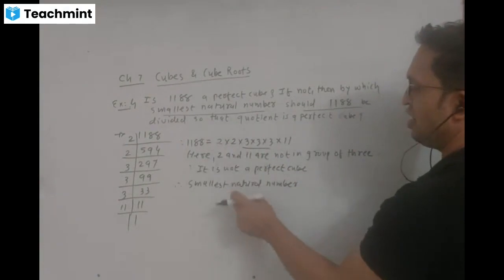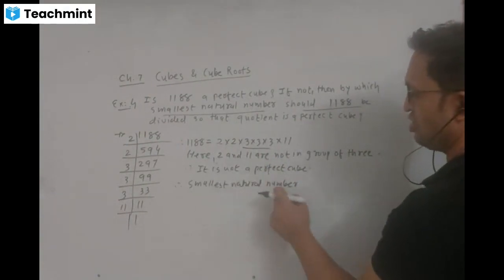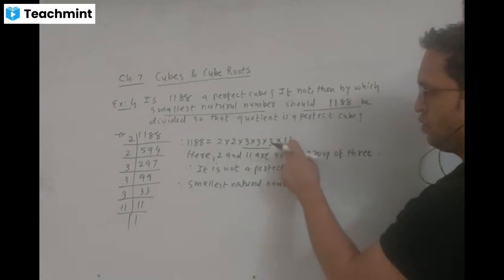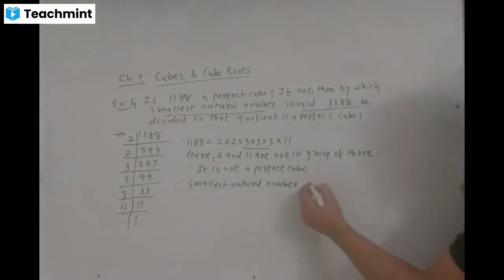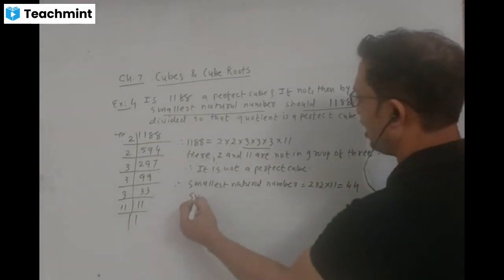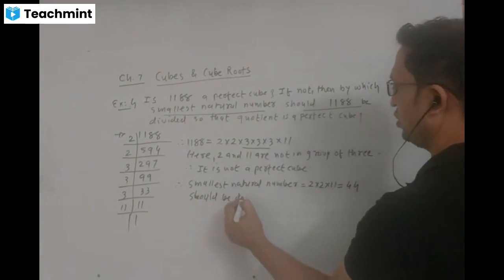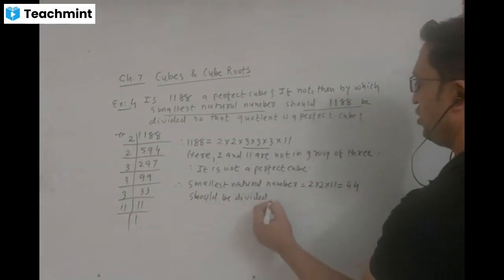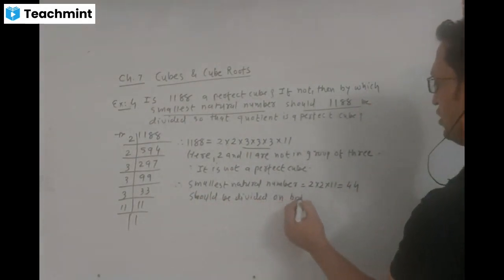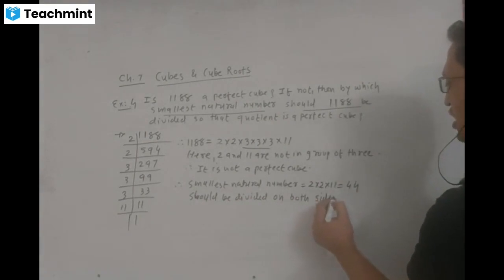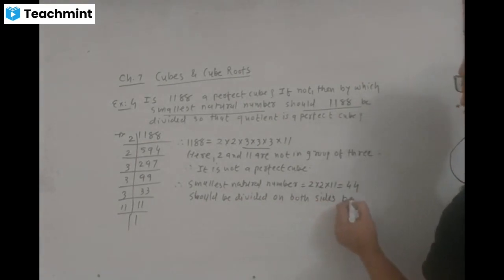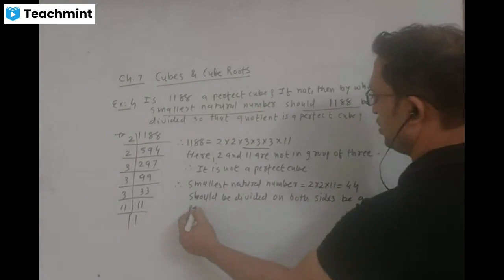That smallest natural number 2 2 जा 4, 4 11 जा 44. That is 2 into 2 into 11, that is 44. It should be divided on both sides to be a perfect cube.